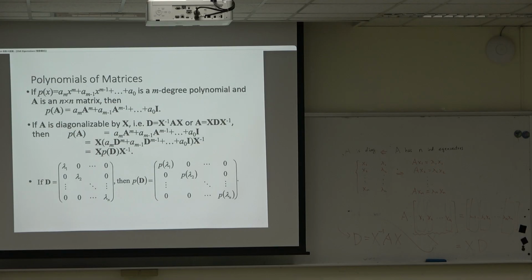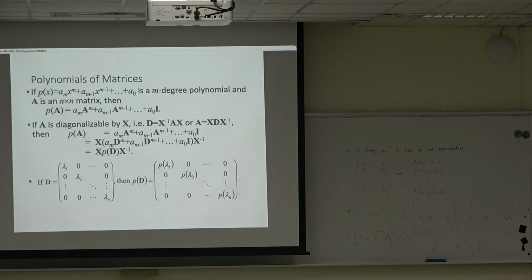If A is diagonalizable, then we can write D equal to X inverse A X. So if D is X inverse A X, obviously A can be represented by X D X inverse.